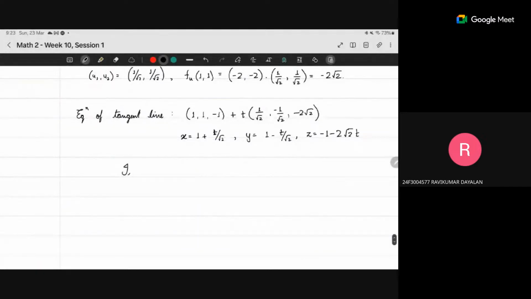So let's say (2, b, c) is a point on the tangent line. Find b and c.